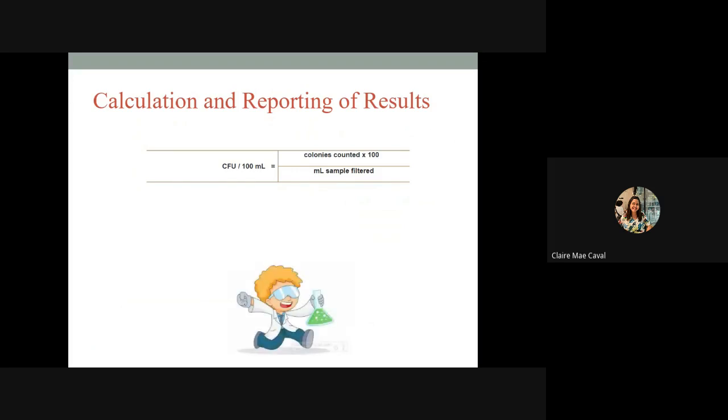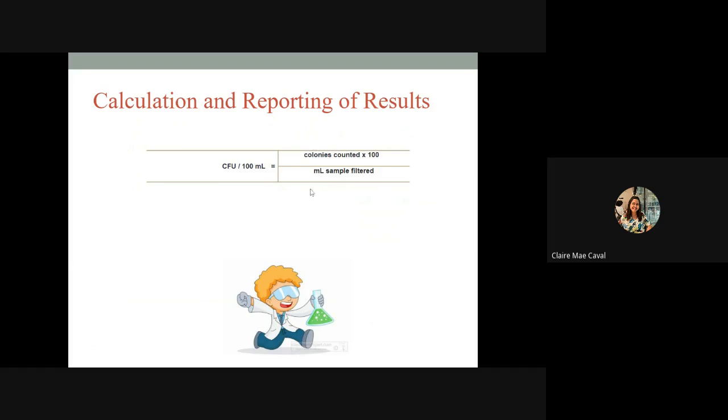So this is how you calculate and report the results in the membrane filtration technique. Colony forming units per 100 ml is equal to colonies counted times 100 divided by the volume of sample filtered.